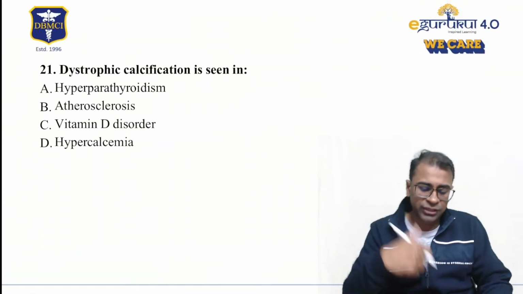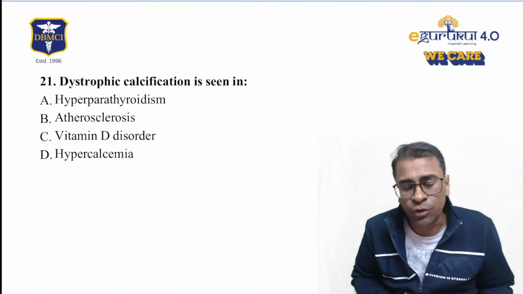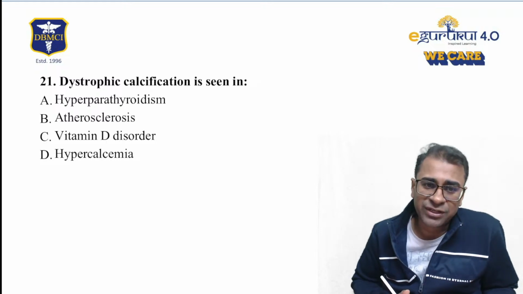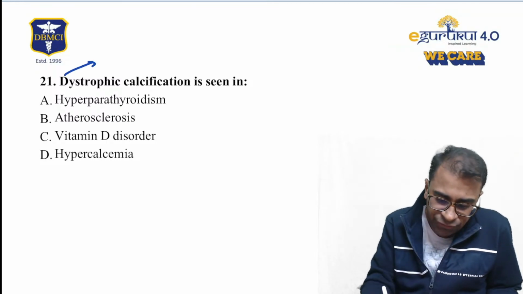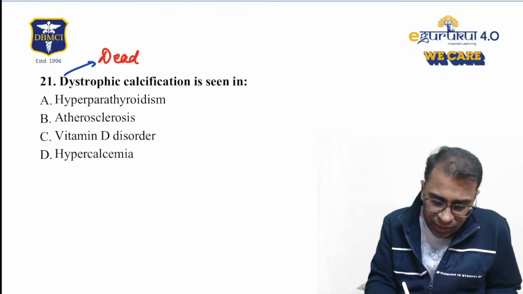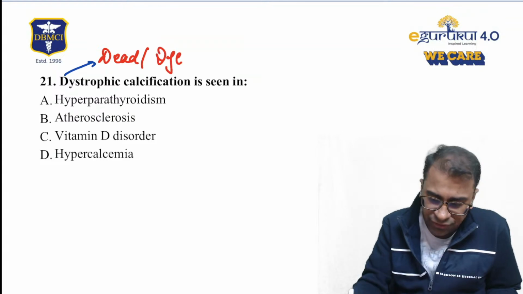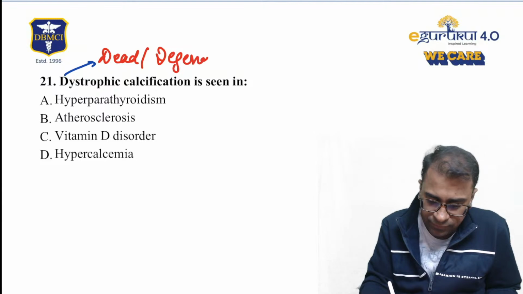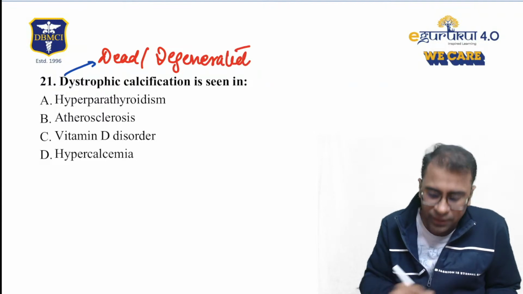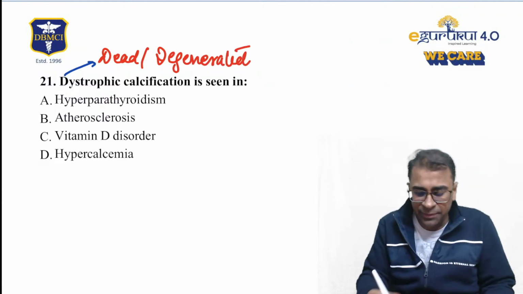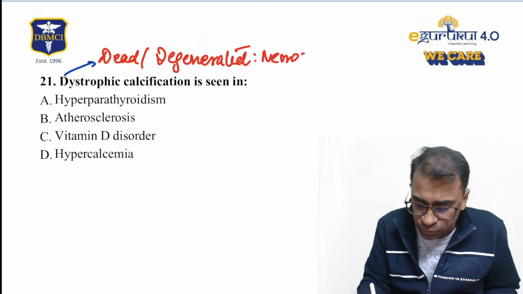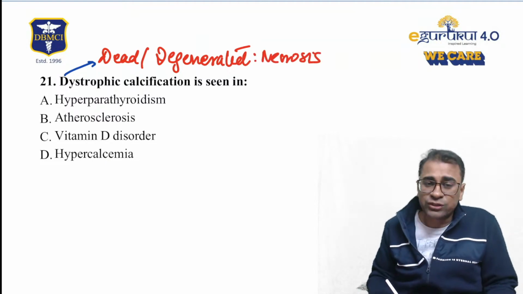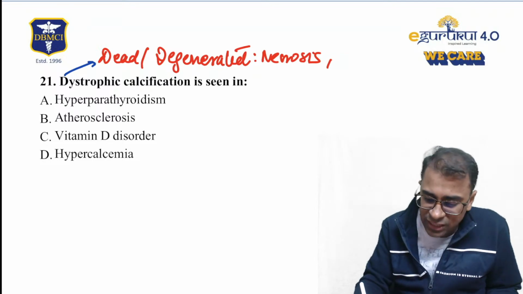Okay. Dystrophic calcification is seen in, tell me. Dystrophic calcification means D for dystrophic, D for dead, and D for degenerated. D for dead and D for degenerated means it has to be necrosed tissue. There should be necrosis. And what was the serum calcium?